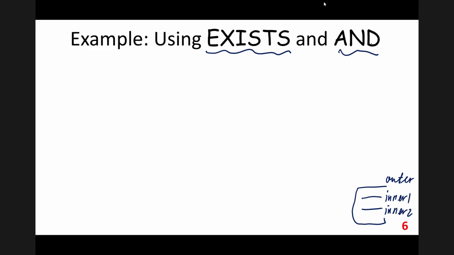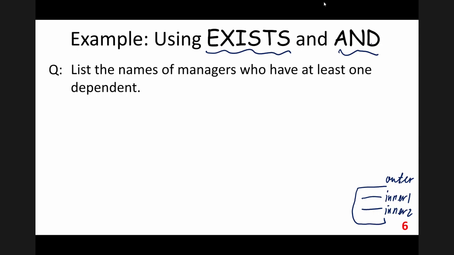All right, so let's look at the new example. List the names of managers who have at least one dependent. Here you can treat, so there are 2 requirements there. So you want to represent these 2 requirements. The first one, managers. Okay? So outer query, you list the name of those employees.